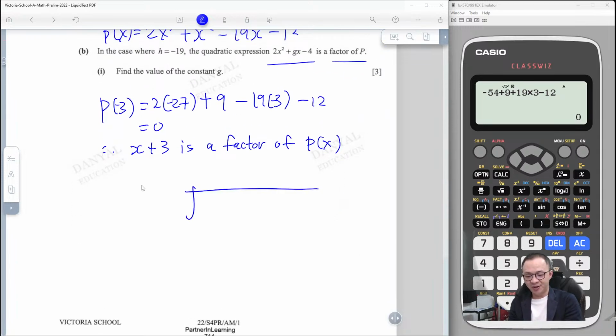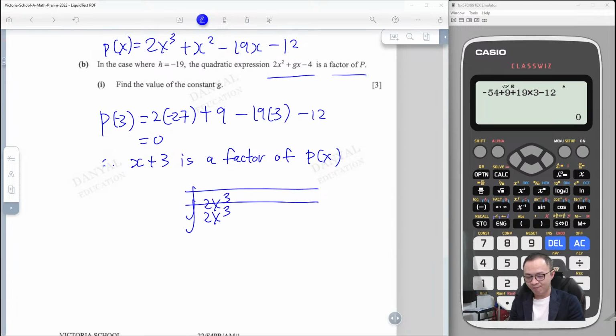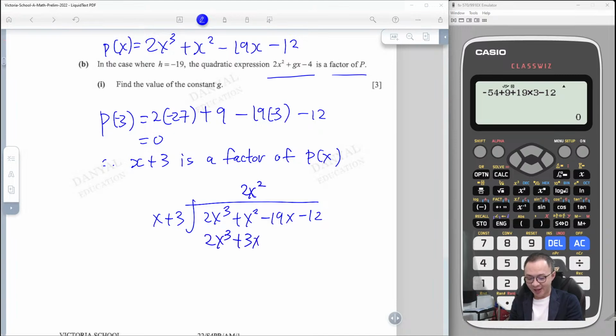Then I will do a long division to find the quadratic function. So the long division is 2x cubed plus x squared minus 19x minus 12 divided by x plus 3. So I should get 2x squared. So I get 2x cubed plus 6x squared.